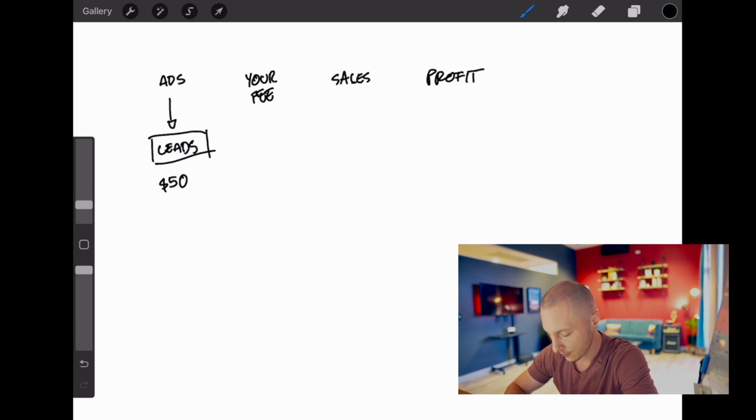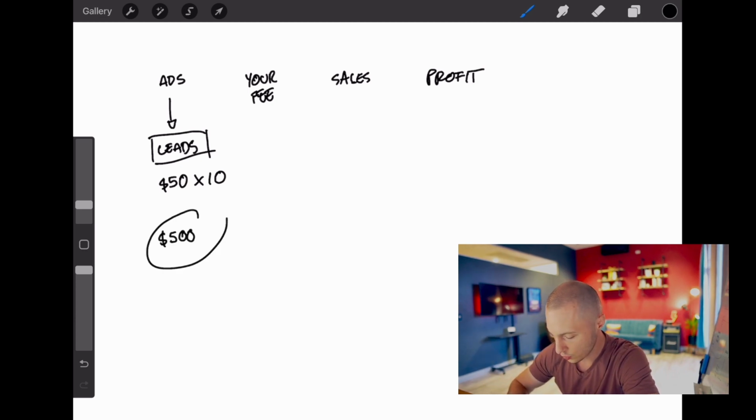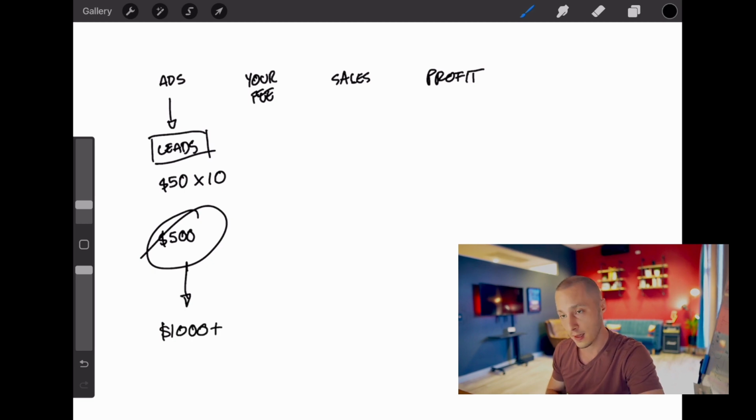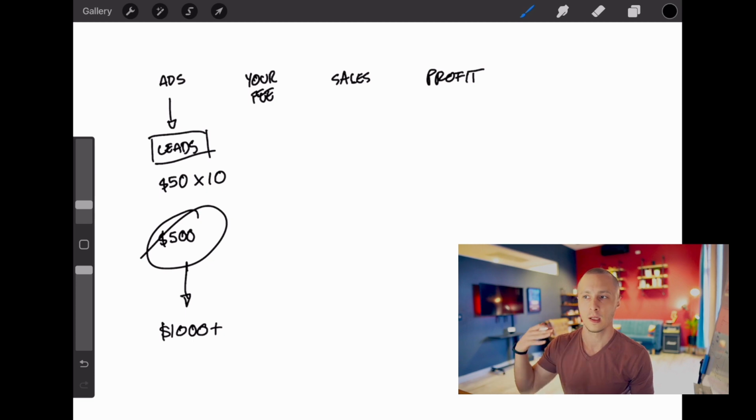It might take, for example, 10 of these, right, to make a sale. So you would actually end up spending $500 in total to make what? Well, if the business can make anything more than $1,000, then okay, there's some profit here. This might make sense to do, because then every time you spent $500, you would make 1,000, so you'd be doubling your money, which is a pretty awesome situation, right?